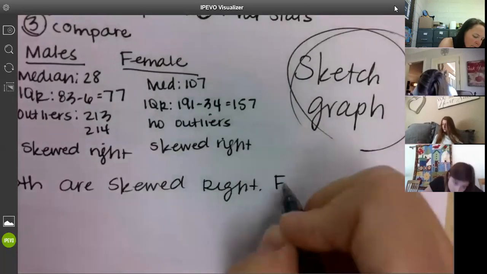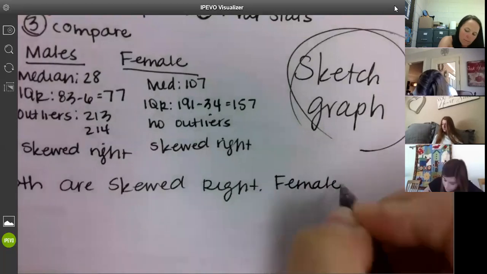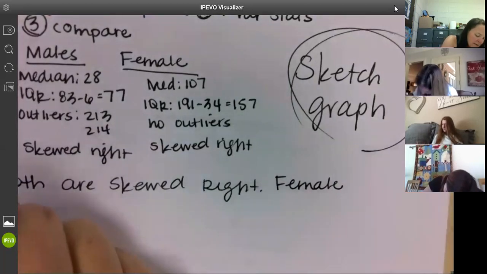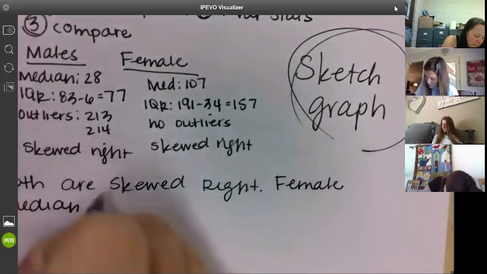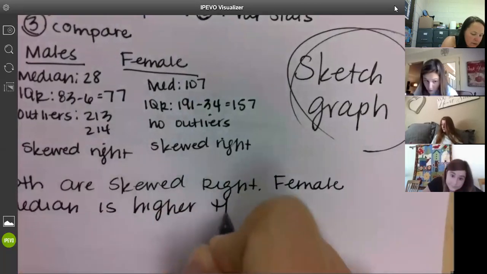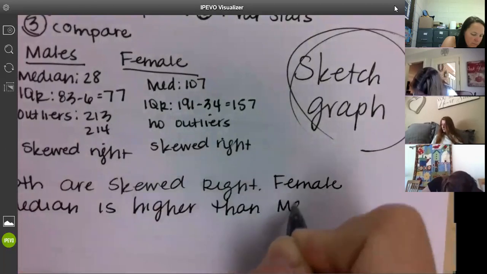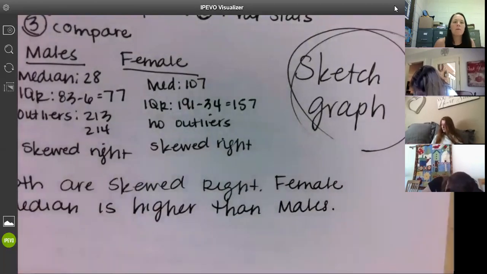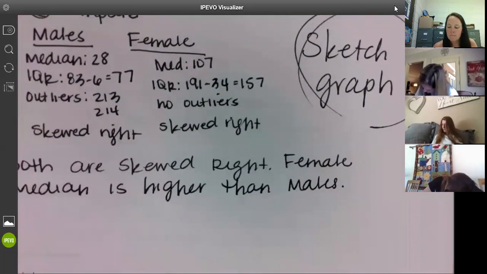The female median is higher than the males. So literally that's how you compare them together.